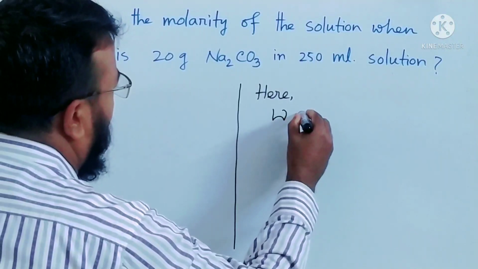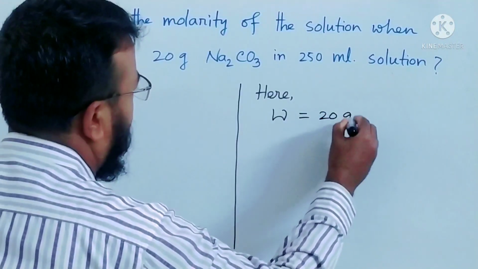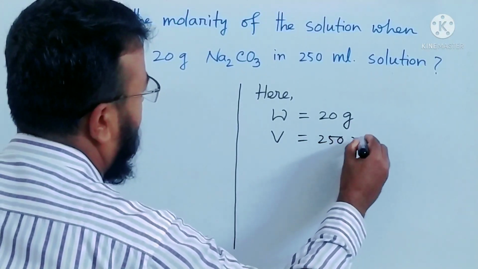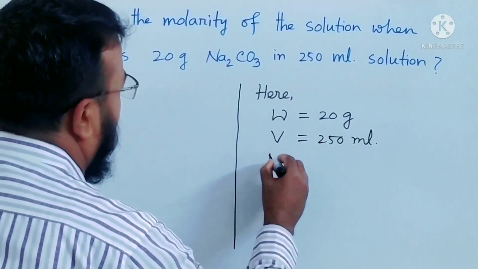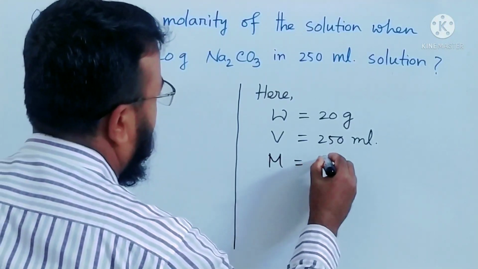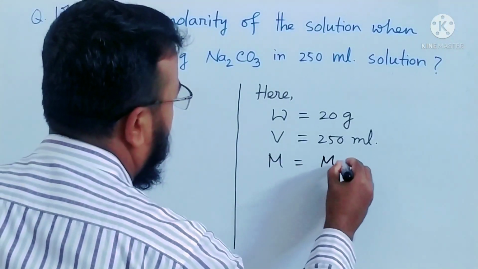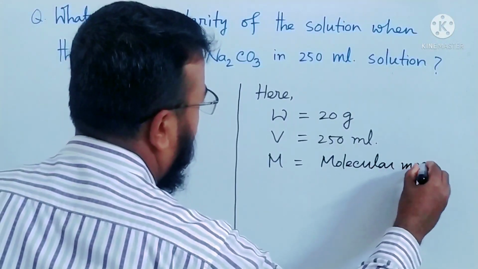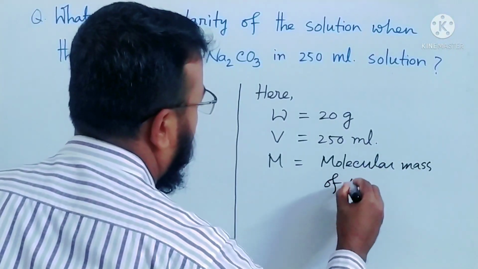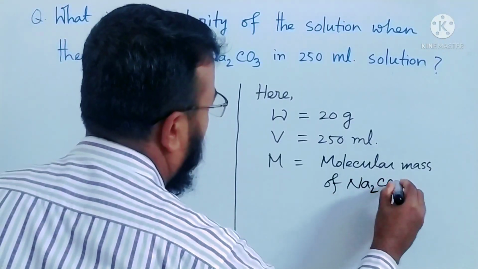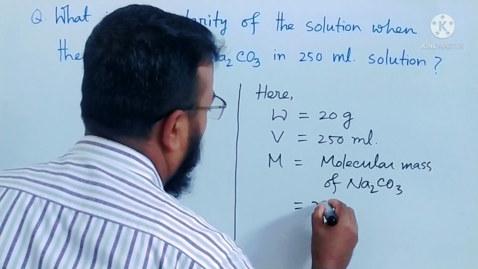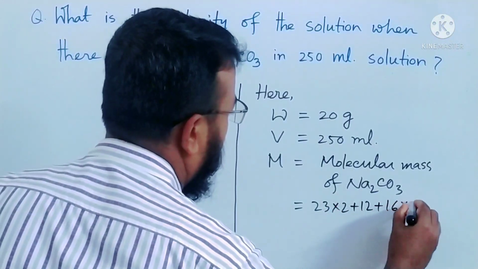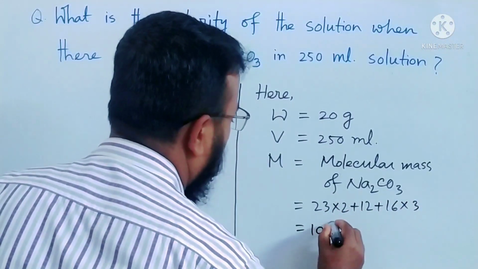It is the mass of solute given 20 gram, volume of the solution is given 250 milliliter, and molecular mass of sodium carbonate equals 23 into 2 plus 12 plus 16 into 3 equals 106.